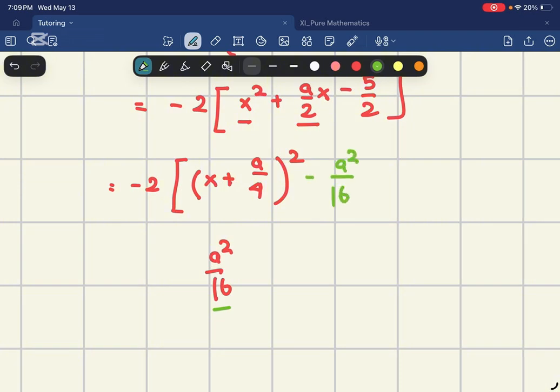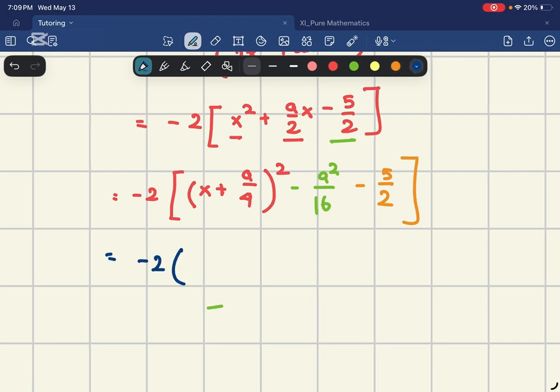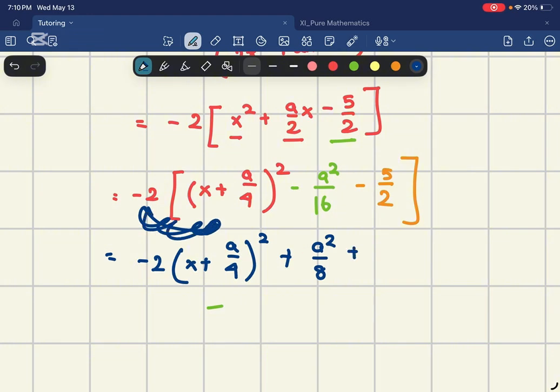So now I have x squared plus a over 2 x, and I took away a squared over 16, but I still need minus 5 over 2. And now I can multiply inside by 2 again. I have minus 2 times x plus a over 4 squared minus a squared over 8. Sorry, plus, right? Because you multiply by minus 2 on the inside. So you get plus a squared over 8 plus 5.